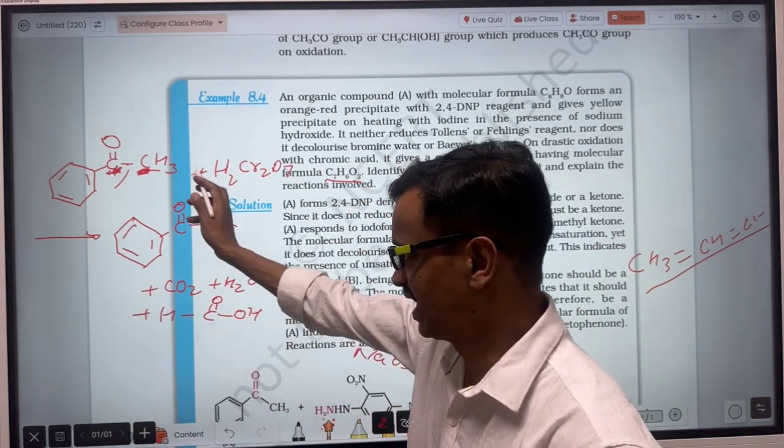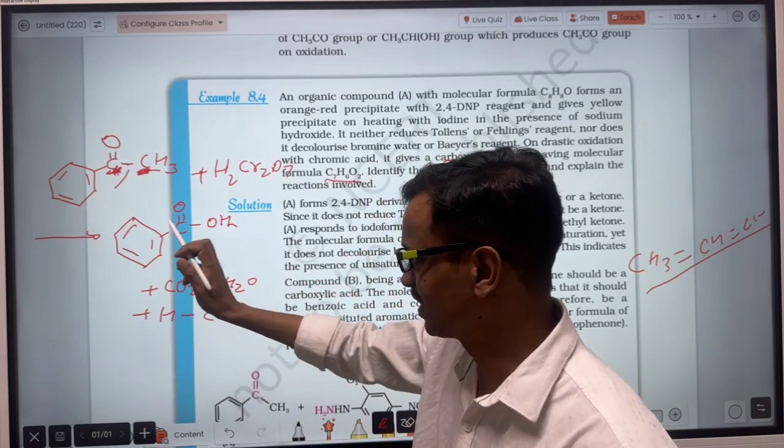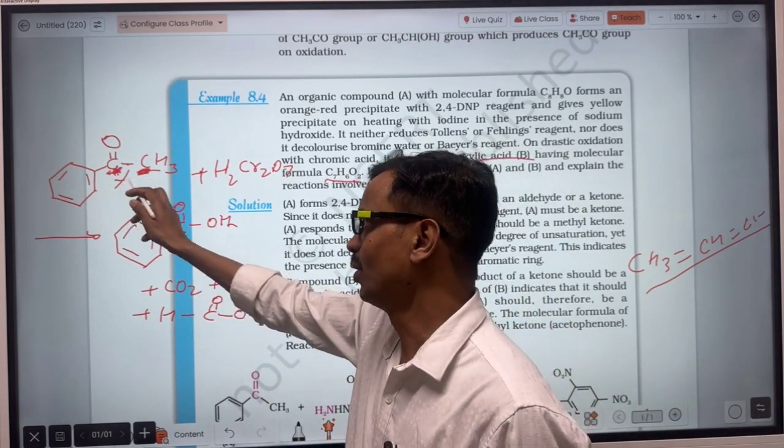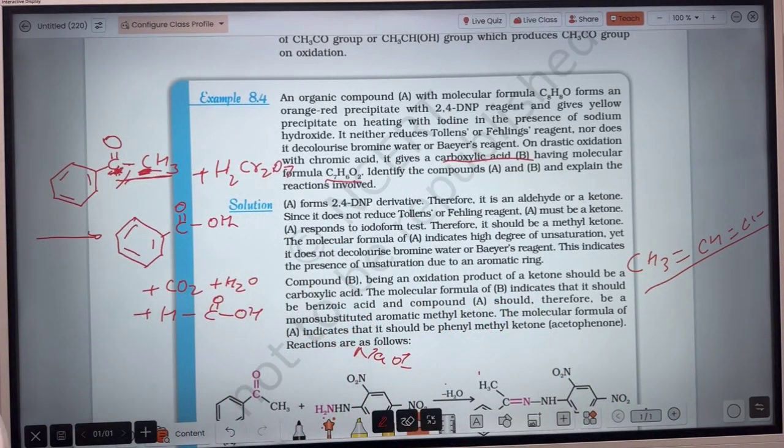So the name of the compound is 1-phenyl ethanone. So the reactant A is 1-phenyl ethanone.